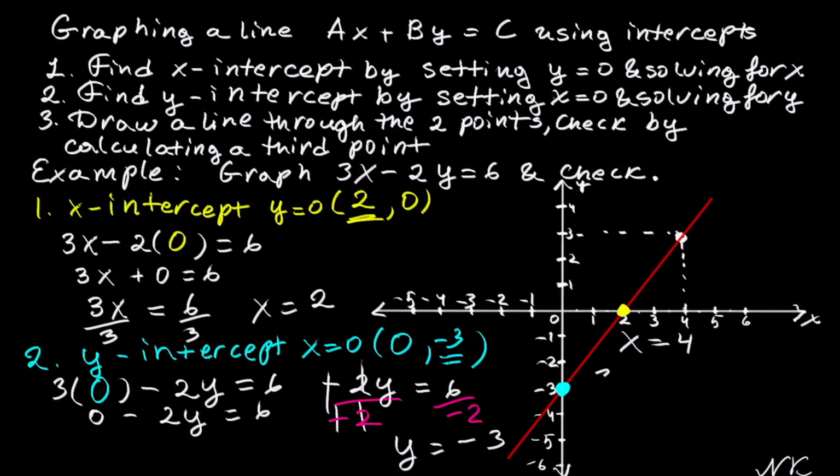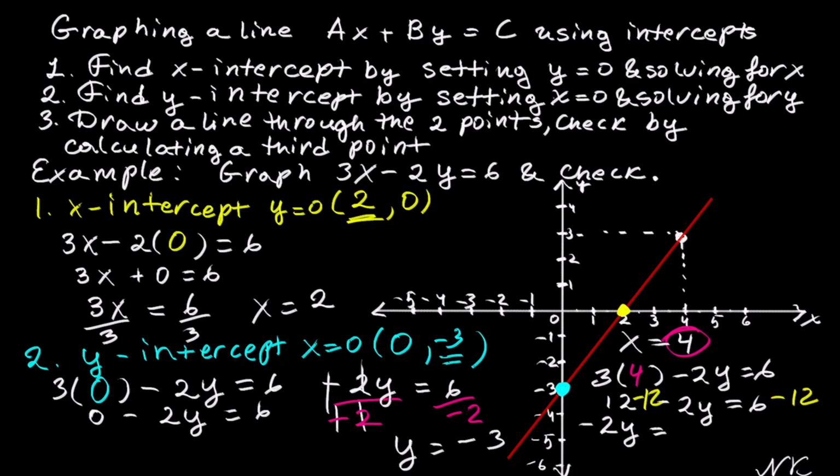Let's take 3x minus 2y equals 6, and I'm going to substitute 4 instead of x. So we get 3 times 4 is 12, minus 2y equals 6. Minus 12 from both sides, and we get negative 2y equals 6 minus 12, which gives us negative 6.